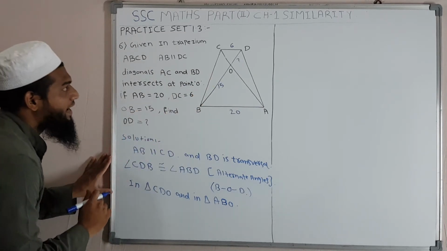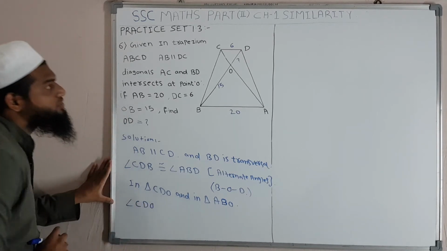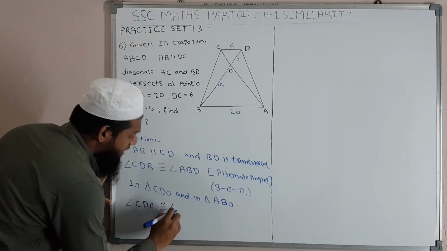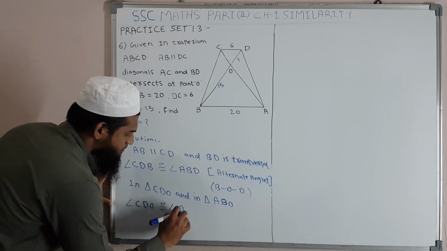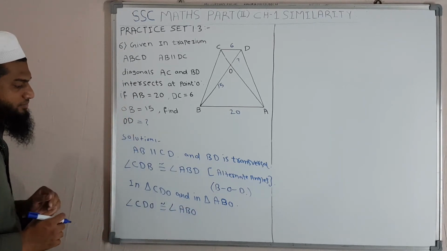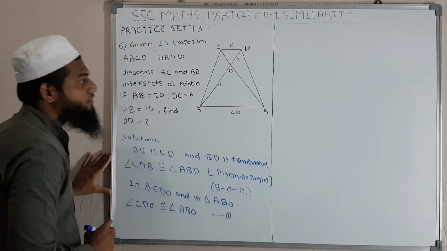So students, first I take one angle which is congruent in both triangles. Angle CDO is congruent to angle ABO. Give it as number 1.